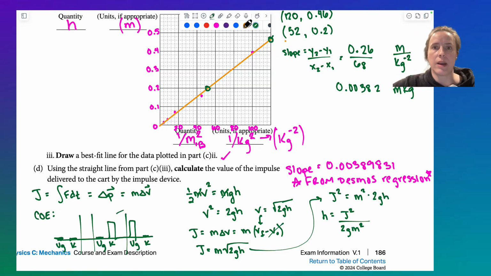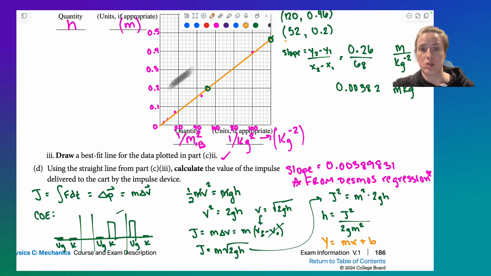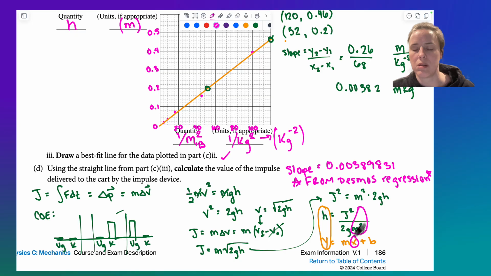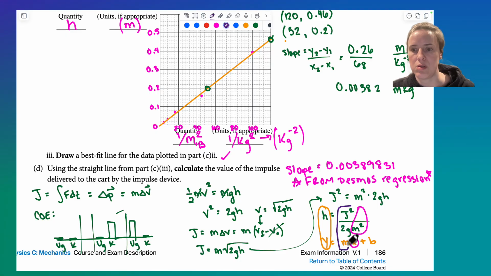The reason I did that is because if I compare that to y equals mx plus b, to my straight line, on my y-axis I had h. On my x-axis I had 1 over m squared. So all of that other junk, that j squared over 2g, is going to be my slope.